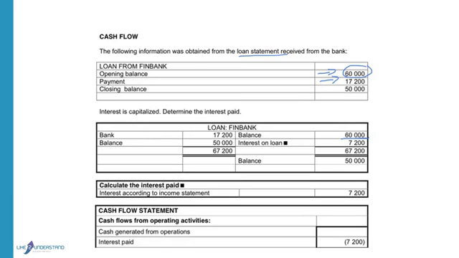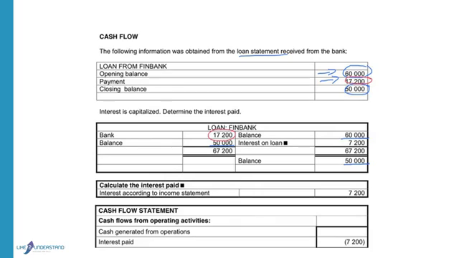The closing balance is 50,000, so we will record that on the debit side above the total to bring down the balance of a liability on the credit side. The total amount that we paid on this loan, so our total installment, was 17,200. Included in that 17,200 is the interest that was capitalized.